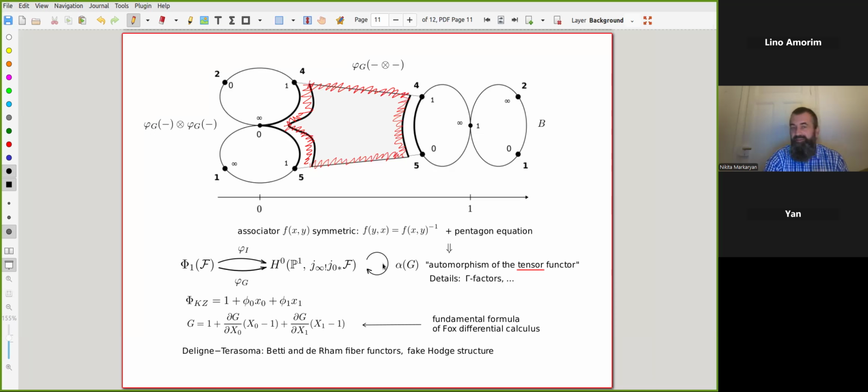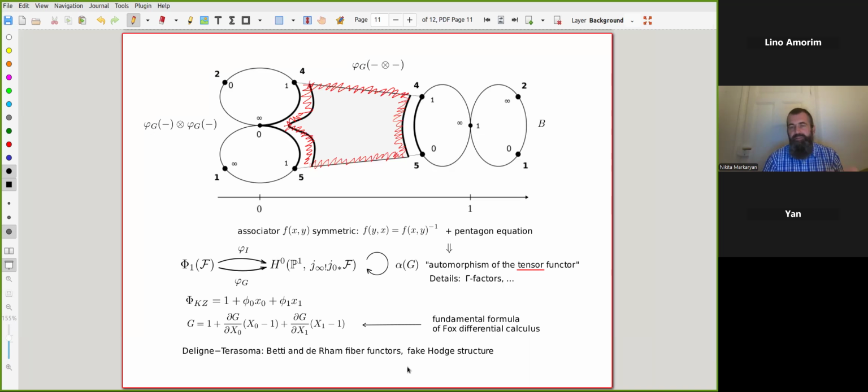Okay, but in my approach there is no de Rham Betti. It's a purely topological thing. There is no mention of any Hodge structure. So they're trying to imitate, like they say that if you have any abstract associator, that is an element which satisfies the pentagon equation, then double shuffle relation is true. But they say that if we have an abstract associator, then we can construct some fake Hodge realization.